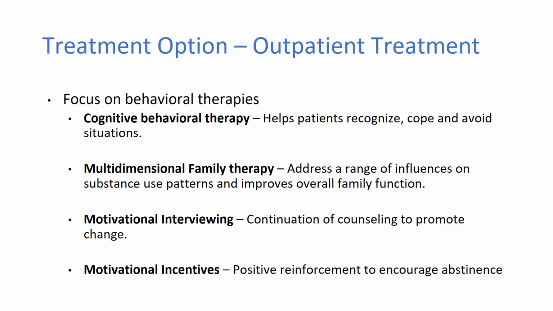They might even continue motivational interviewing, which we discussed, with counseling for behavior change. And then, somewhat similarly, they may provide incentives to encourage abstinence. This could be movie tickets or social events, and is thought to be beneficial.